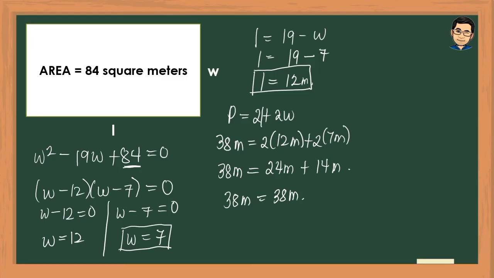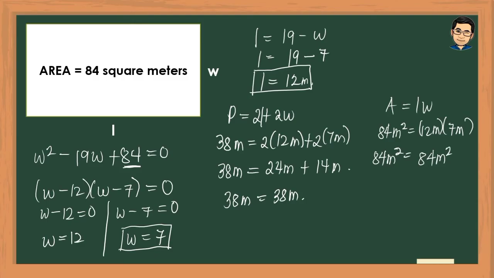Sa area naman po, length times width. So the area of the given problem is 84 square meters. So that will become 12 meters times 7 meters. So 84 square meters is equal to the product of 12 meters and 7 meters, that is 84 square meters.